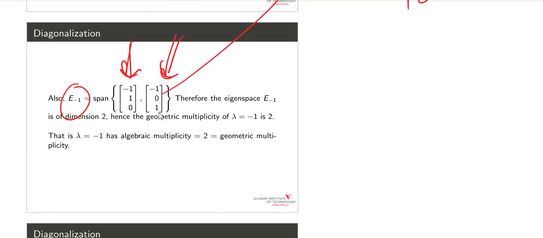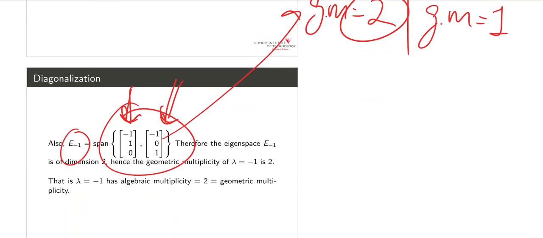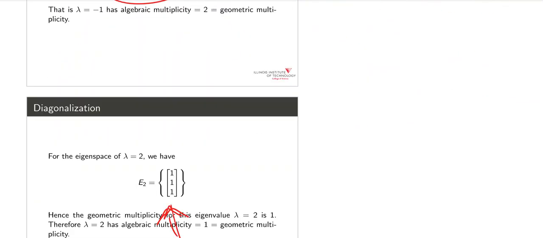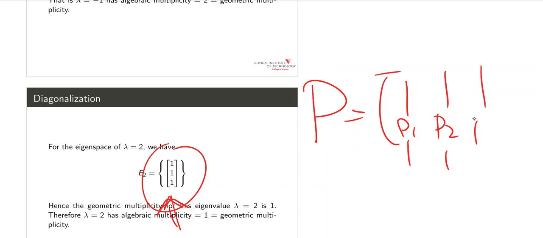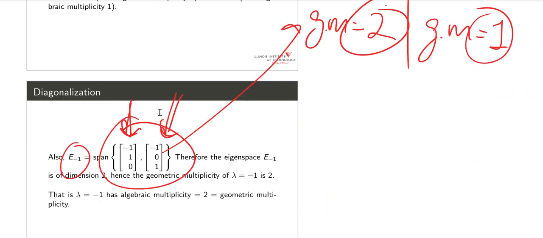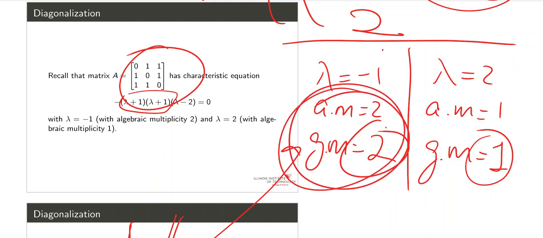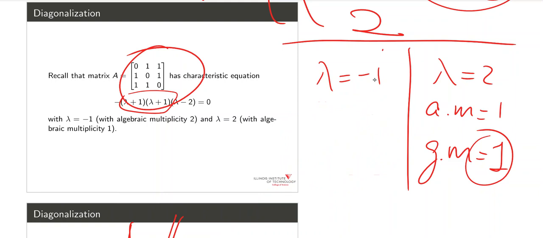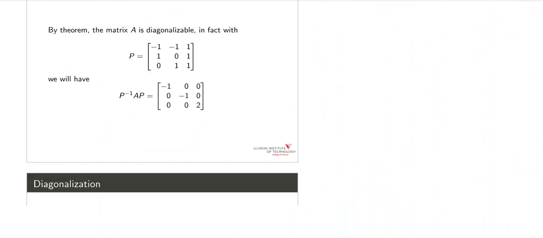Then for your P, you have enough independent eigenvectors: P1, P2, and P3. We have enough because this is a 3 by 3 matrix. I need 3 independent eigenvectors, and I found all 3 because the algebraic and geometric multiplicities match, meaning that when this eigenvalue appears twice, it also gives you 2 independent eigenvectors. So it matches. We have enough eigenvectors, but sometimes you don't have that.